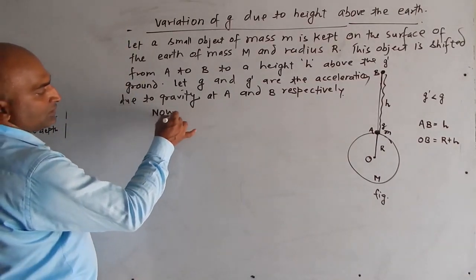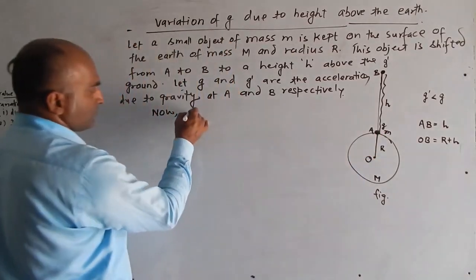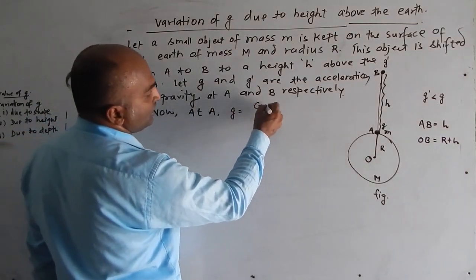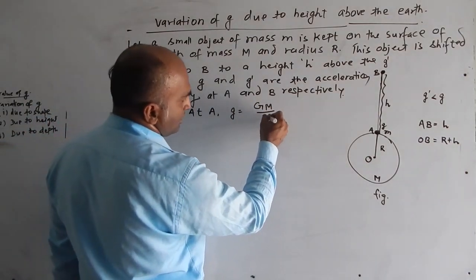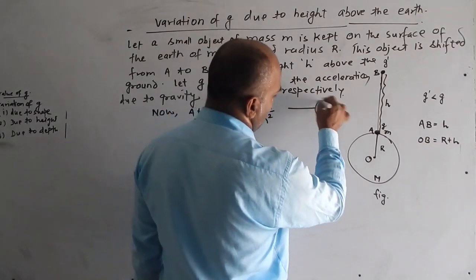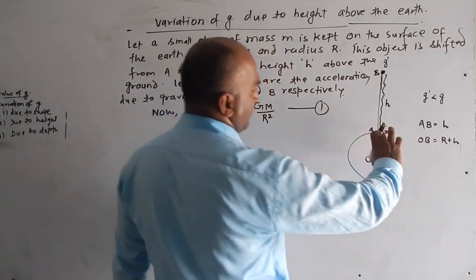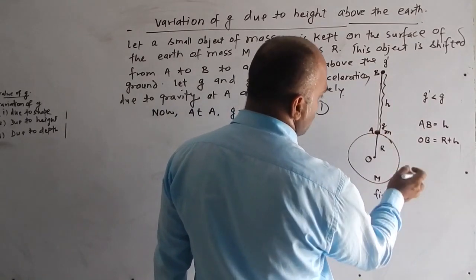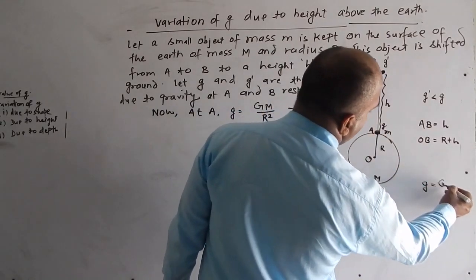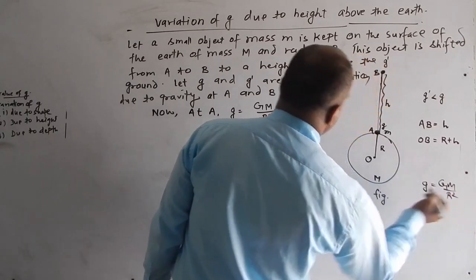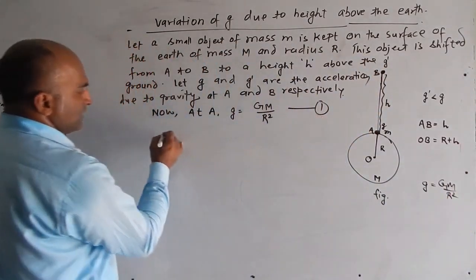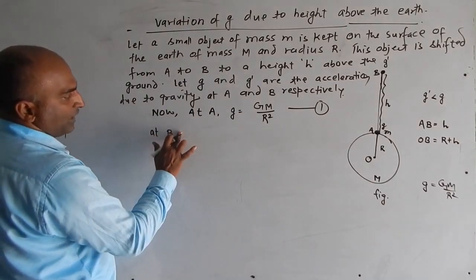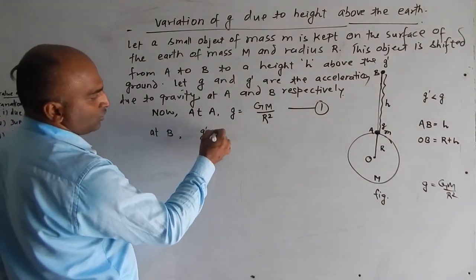Now at A we can use g equal to GM by R square, according to the previous formula. Using the same formula at point B, g prime is the acceleration due to gravity.